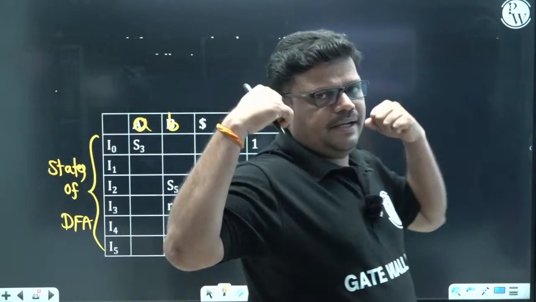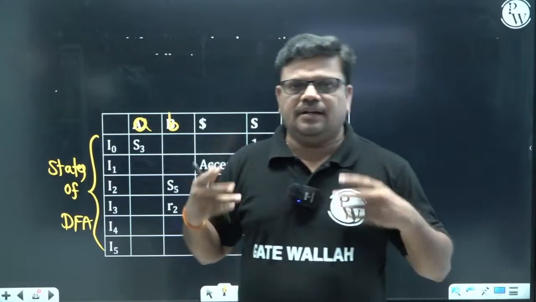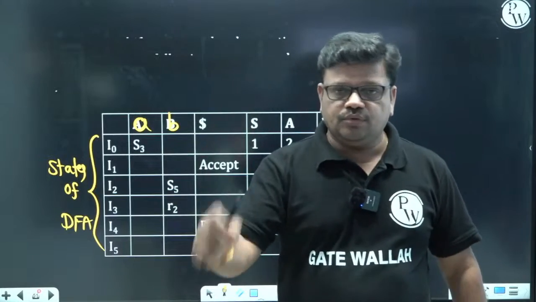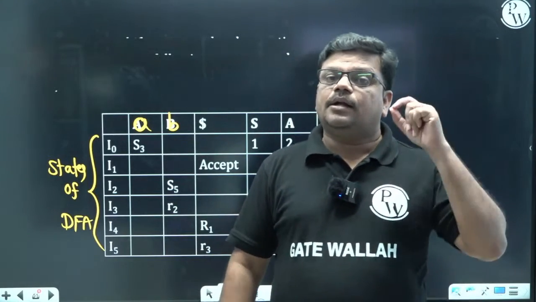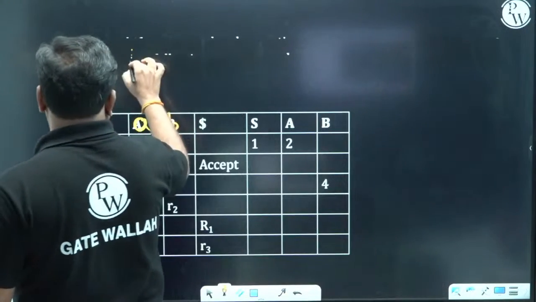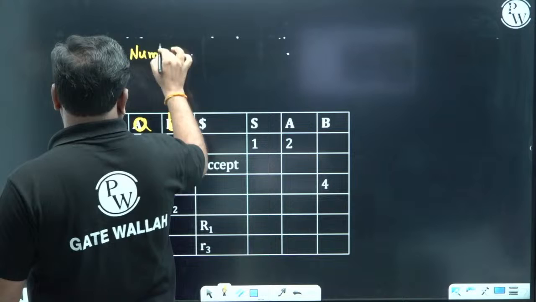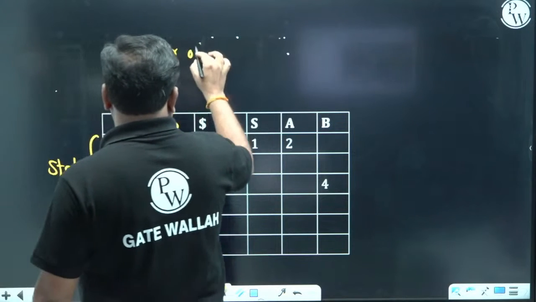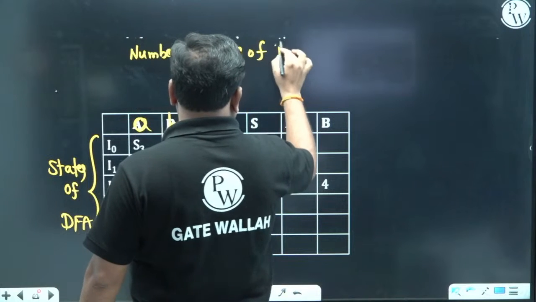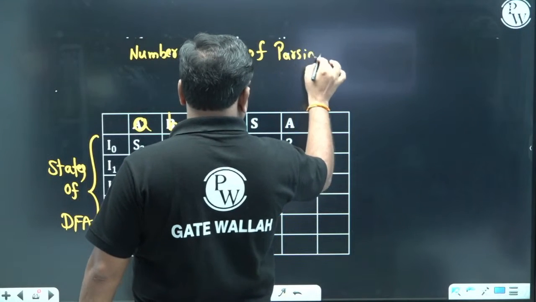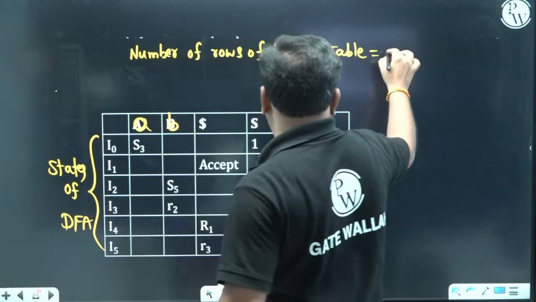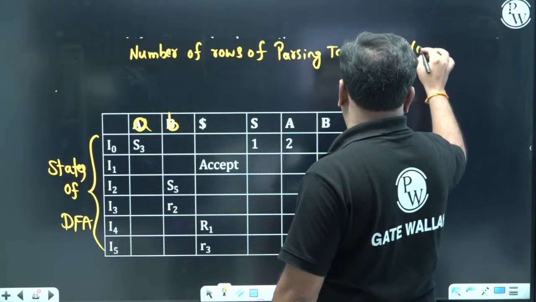Whether it is LR0, SLR, CLR or LALR, the number of rows of the parsing table is nothing but the number of states of the DFA. That is, the number of rows of the parsing table is equal to the number of LR0 items DFA states.